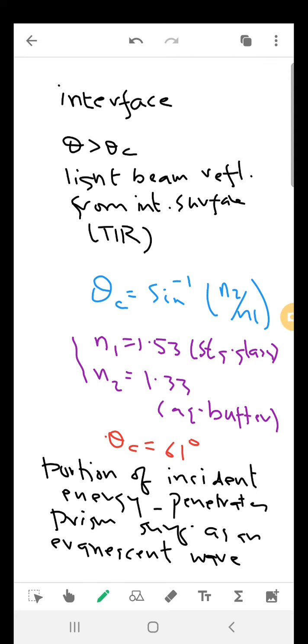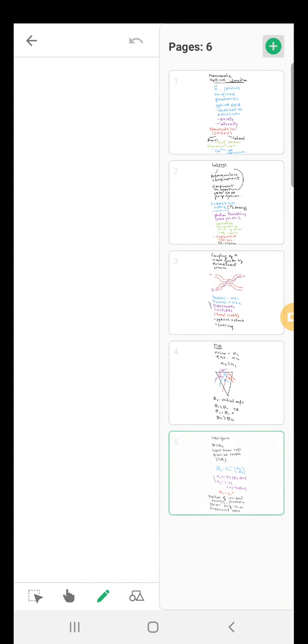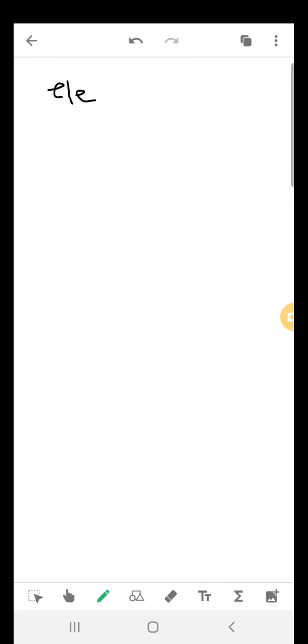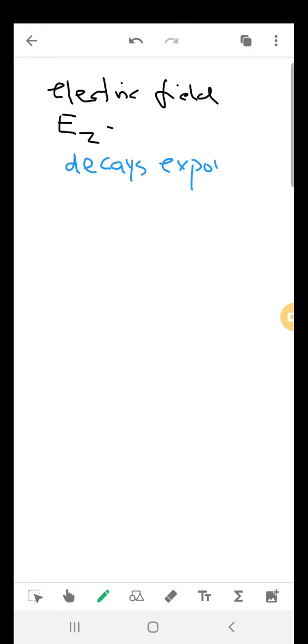Now if we consider the electric field, it has an amplitude E of the incident wave, rather put it as Ez, and it exponentially decays with a distance z into the surrounding.